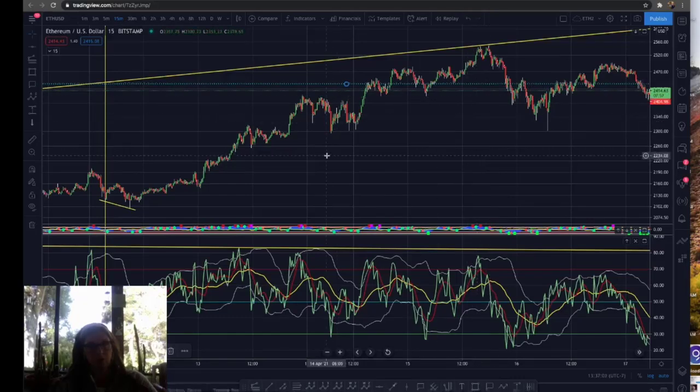So the only reason when you're staying in a trade to move down to a lower time frame is just to move your stop, not to look at your TDI. Because if you would have looked at this during that whole trade, you would have probably gotten fearful and exited.